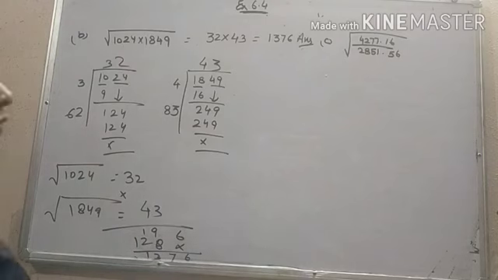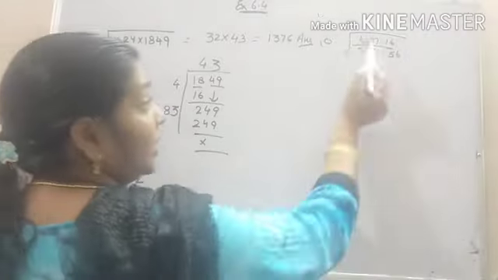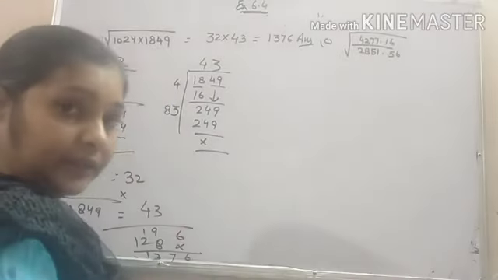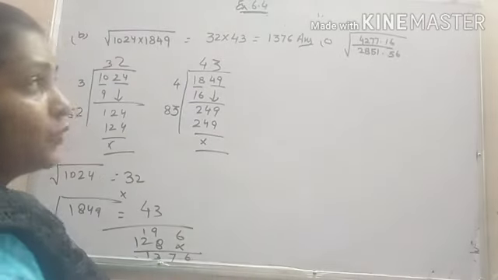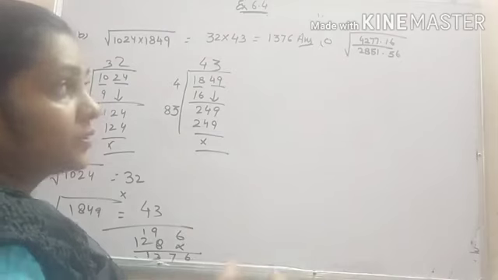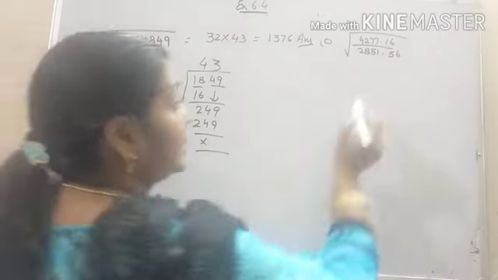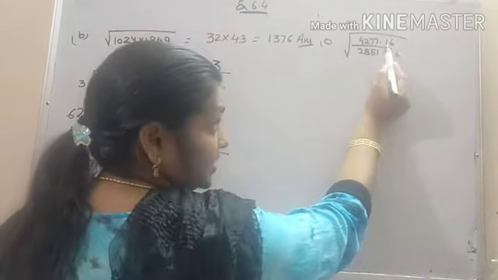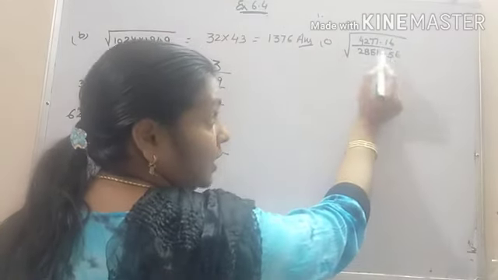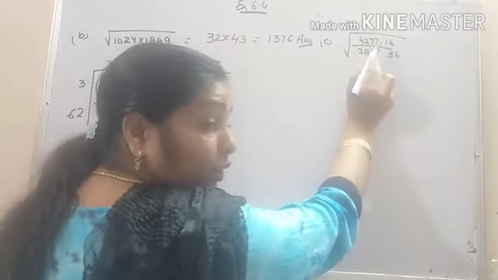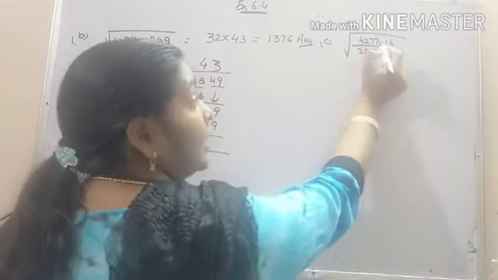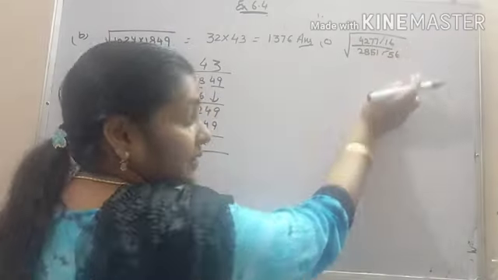That's it. Now here see, there are decimal terms in it. So one way is to find the root and after that solve it. But one thing I must tell you before that: if the number of digits after the decimal are same in both numerator and denominator, then the decimal gets cancelled.